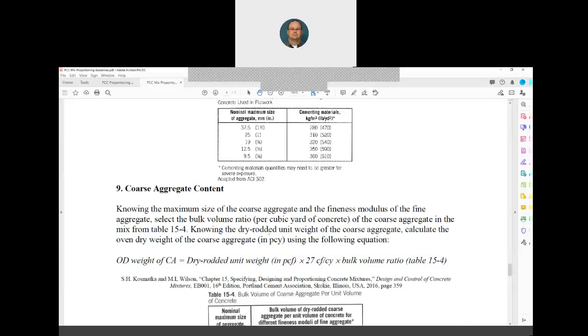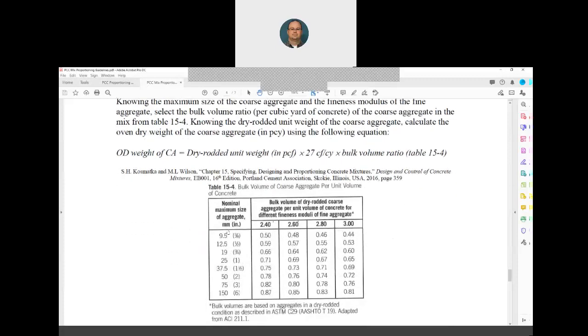Knowing that, we calculate the oven dry weight of the coarse aggregate in pounds per cubic yard. Oven dry weight of coarse aggregate equals dry rodded unit weight times 27 cubic feet per cubic yard times the bulk volume ratio. Now, the nominal maximum aggregate size is your coarse aggregate size, 3/8, 1/2, and then my fineness modulus.